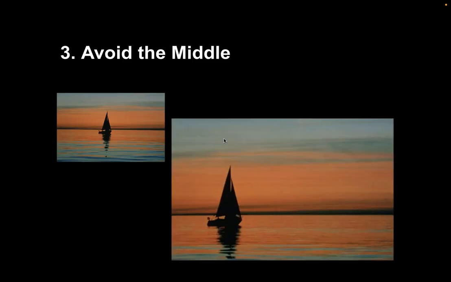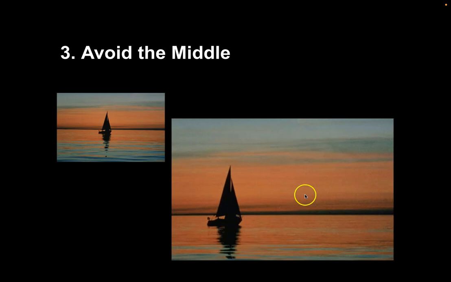And then that leads us to number 3, avoid the middle. And there may be times when we want it to be in the middle. But even then, we probably don't want it directly in the middle. I'll show you some future images that break this rule a little bit. But here we have the rule of thirds in application, and it's working pretty nice and makes it a little bit more interesting.